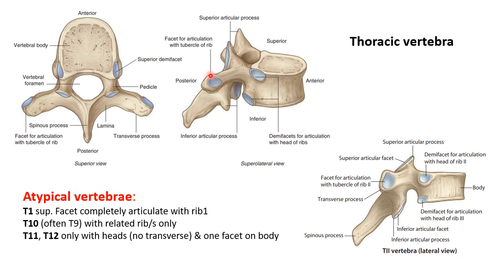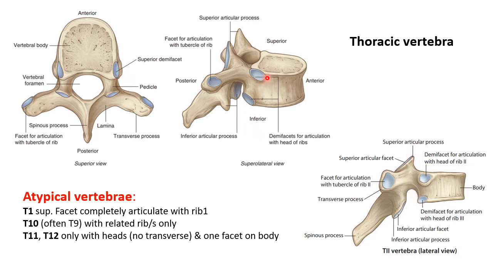These are the typical features. What is the role of the demifacets on the body? Each rib has a body and a head that articulates with the corresponding vertebra. The 7th rib articulates with the 7th thoracic vertebra and the vertebra above. Each vertebral body has 2 demifacets on each side.